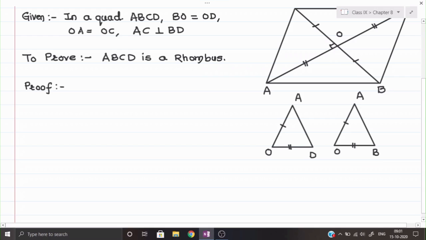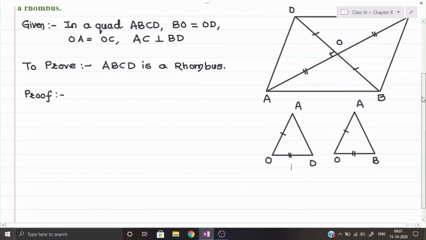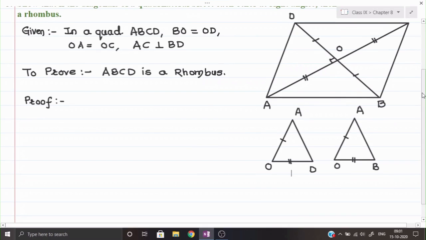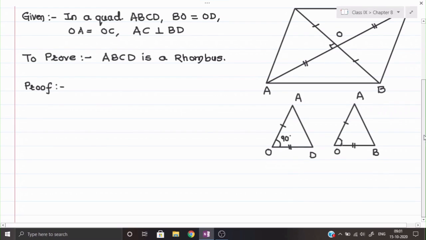And second, since we are given that AC and BD are perpendicular, angle AOB and angle AOD are both equal to 90 degrees each. So AOD is 90 degrees and AOB is 90 degrees. These two angles are equal to 90 degrees each, and hence by the side-angle-side congruency theorem we can say that the triangles are congruent.